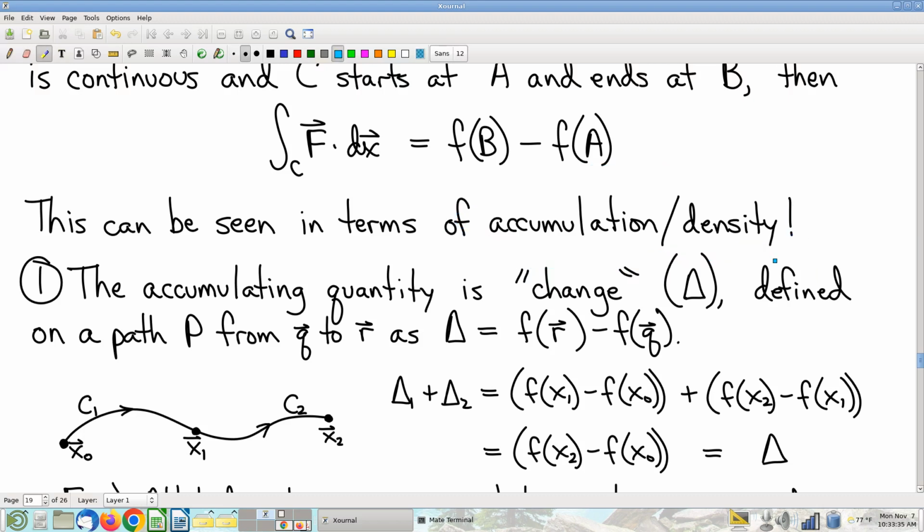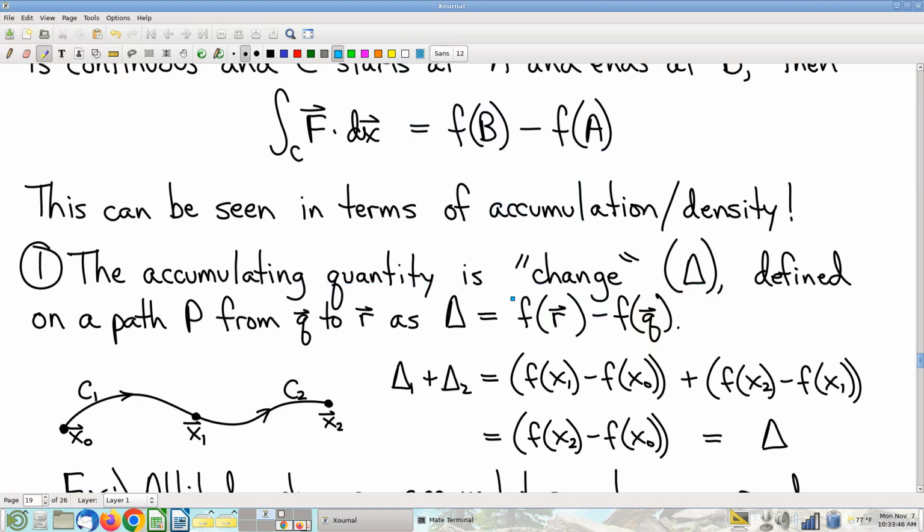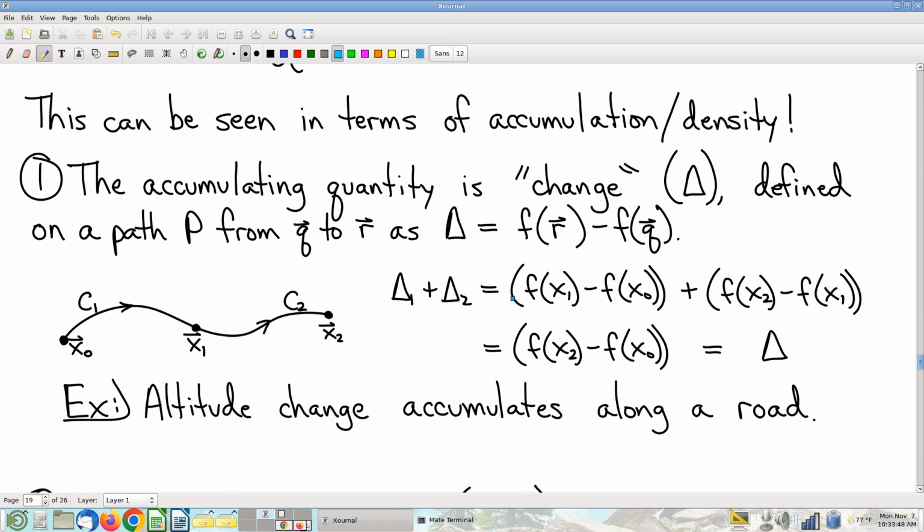Okay, so first, the quantity in question, change, is an accumulating quantity. Now, I claim that change is an accumulating quantity. Here's how you can see it.